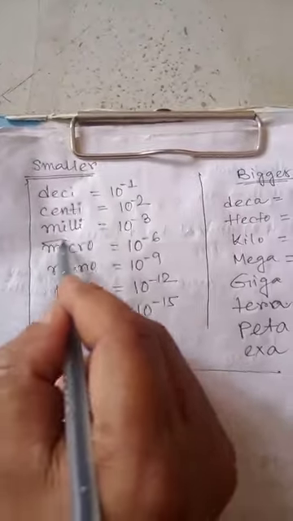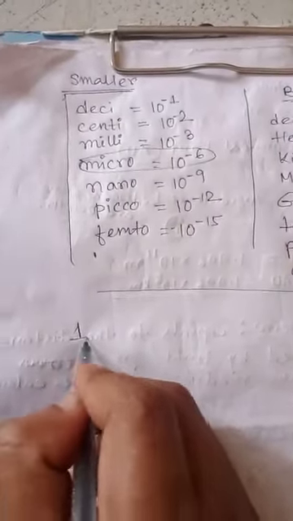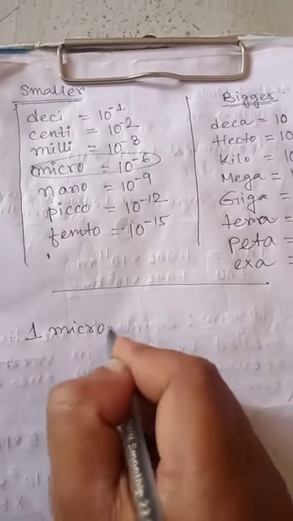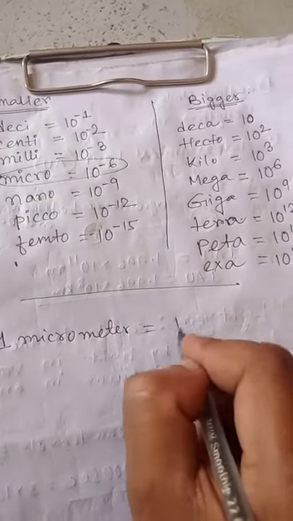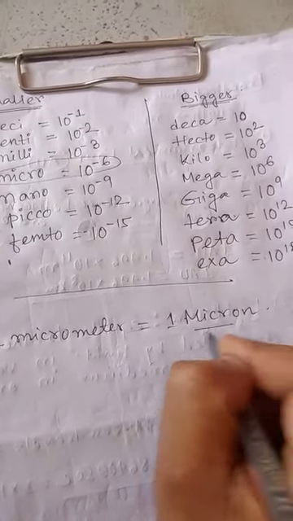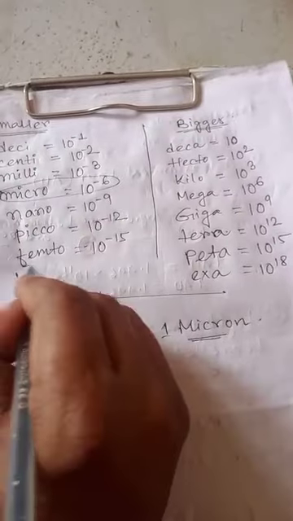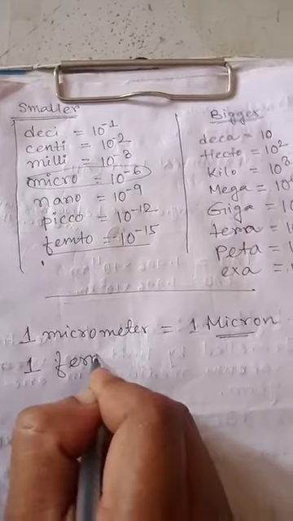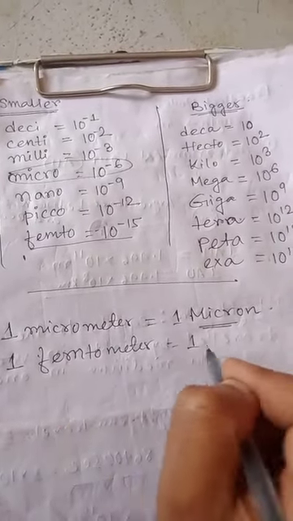For micrometer, we use another term. If I ask about 1 micrometer, we use that term as 1 micron also. So micron means micrometer. Similarly, for femtometer, we use 1 Fermi.